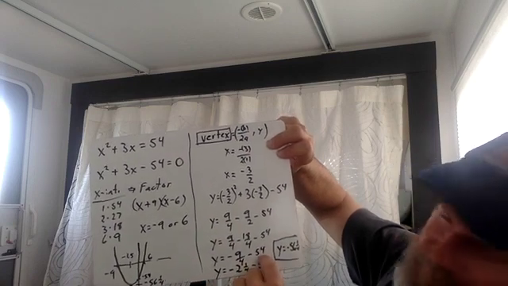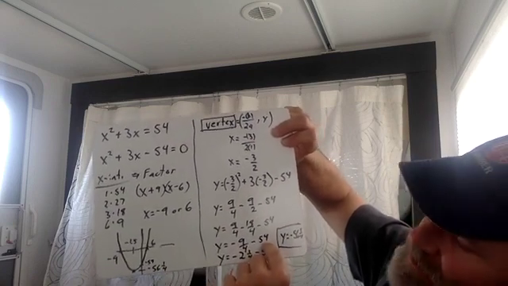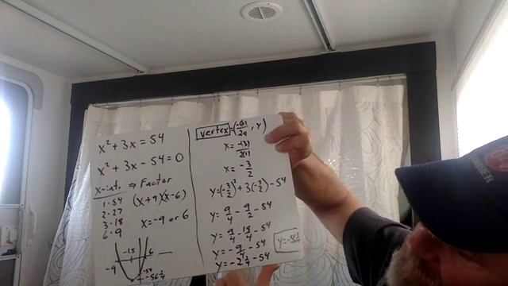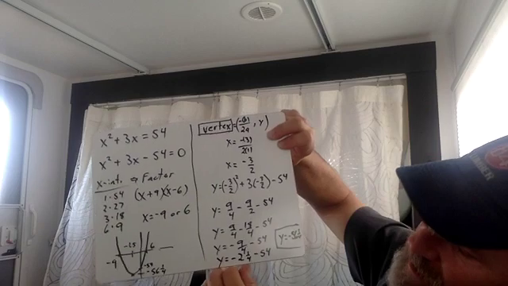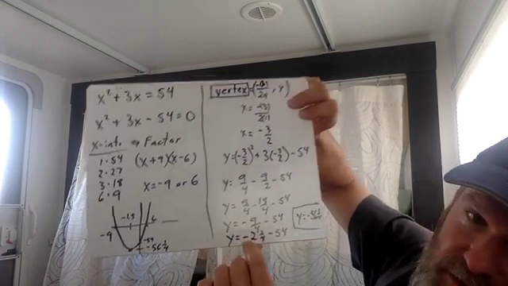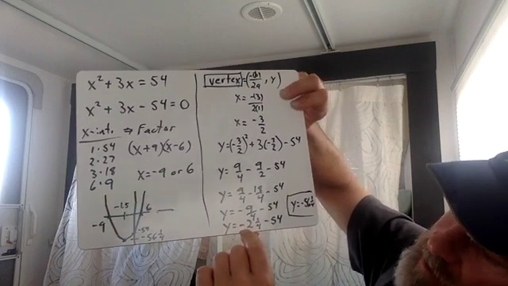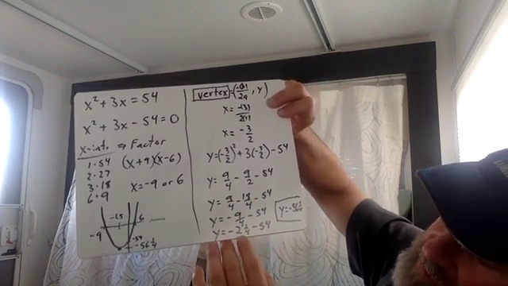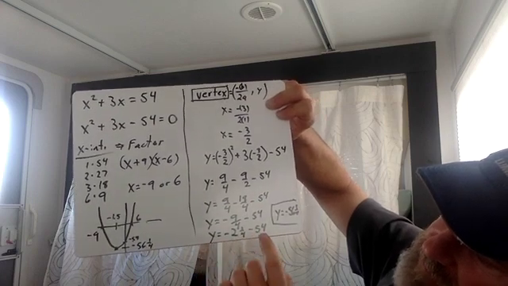And instead of turning 54 into something over 4, I turn 9 over 4 into a whole number with a fraction. So 4 goes into 9 2.25 times. So negative 9 over 4, I made negative 2 and 1/4. And when you subtract a positive from a negative, you get a bigger negative. So this is negative 2.25 minus 54.